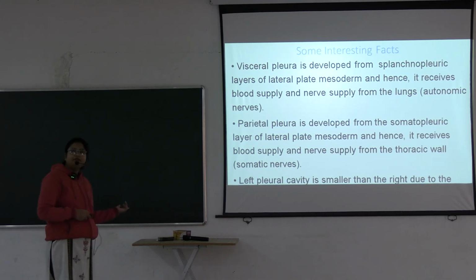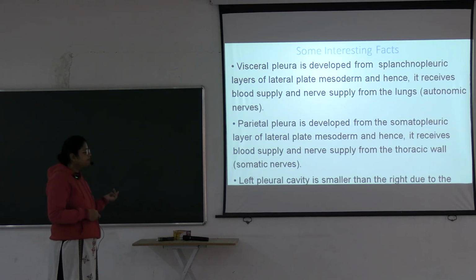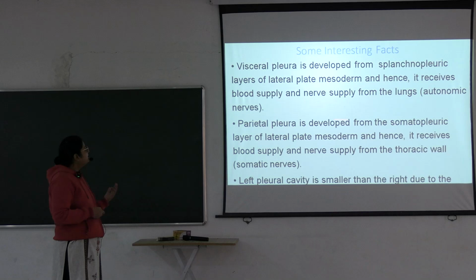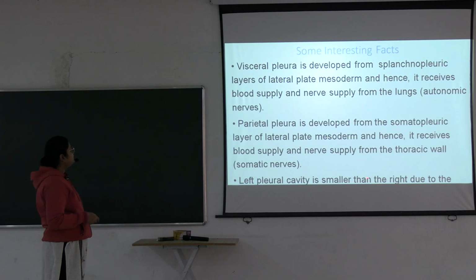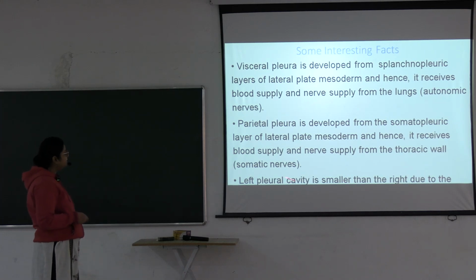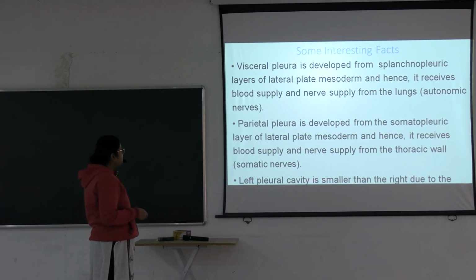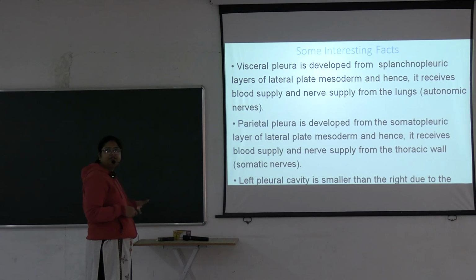So if injury occurs in parietal pleura, it will be painful because of the somatic supply, but visceral pleural injury is not painful because supplied by the autonomic nerves. And left pleural cavity is smaller than the right one due to the smaller size of the left lung.